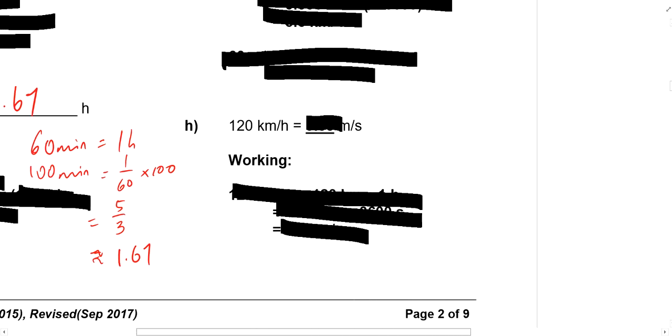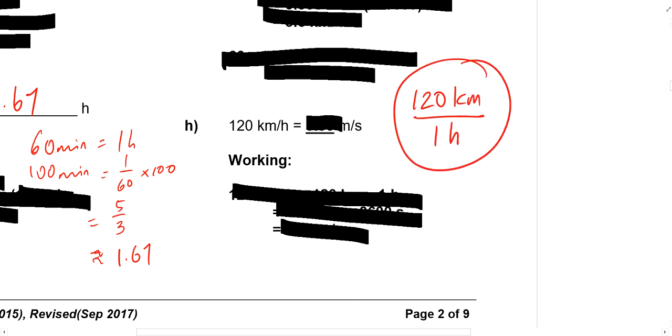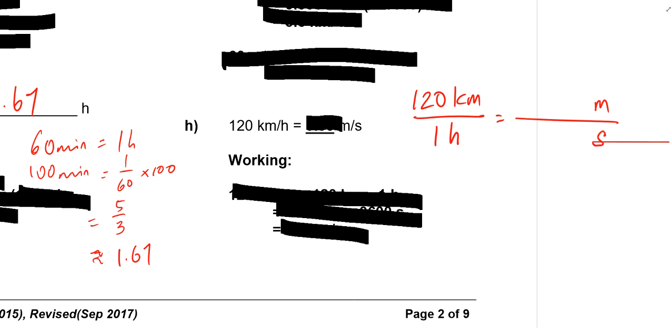120 kilometers per hour. This one is slightly easier. 120 km divided by 1 hour. This is read as 120 kilometers per hour. So now I convert it to, what are the units that I want? Meters per second. Now easy to convert. How many meters do I have over here? 120 kilometers, that is 120,000 meters.